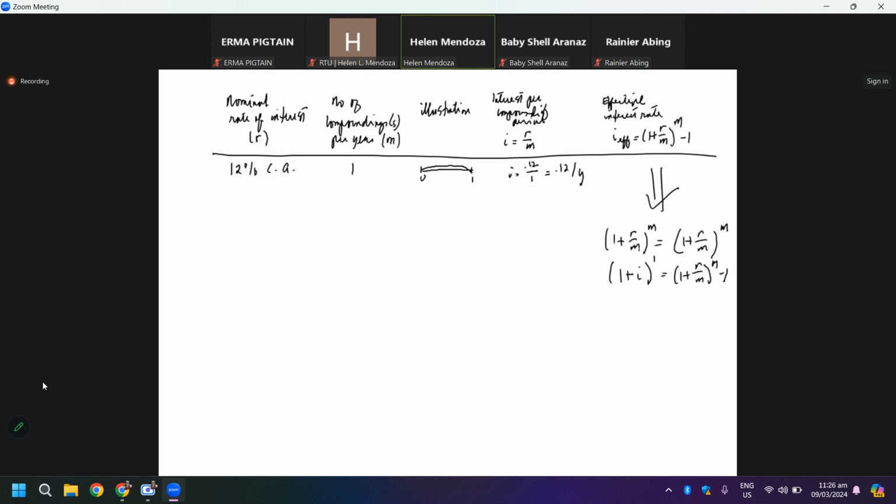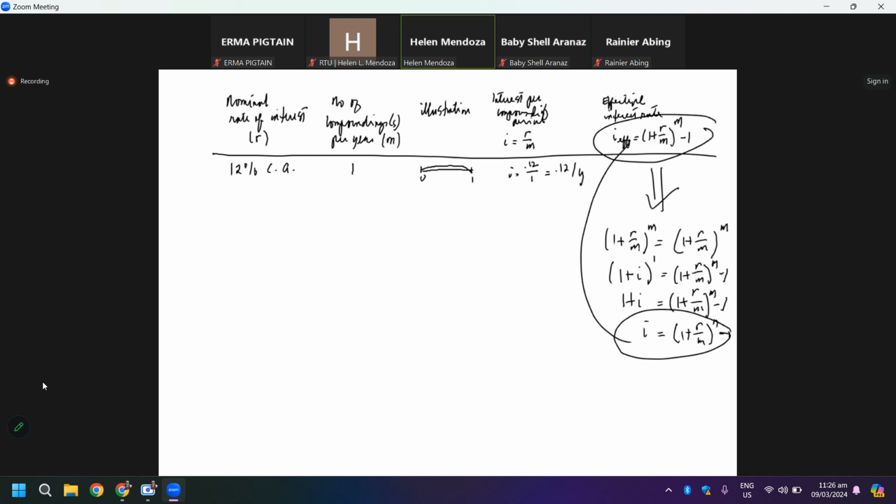Since the unknown I is raised to an exponent, and the exponent is 1, we can simply get rid of the grouping symbol. What is left on the left side is 1 plus I, which is 1 plus R over M, raised to M, minus 1. So I is 1 plus R over M, raised to M, minus 1. This is also it.